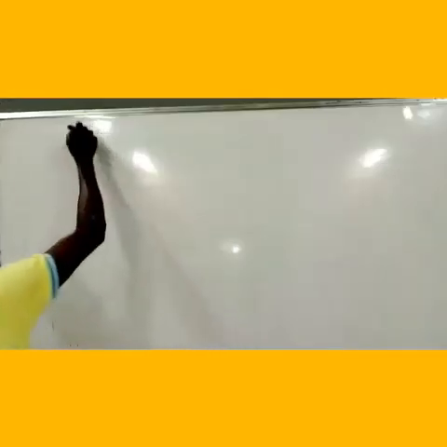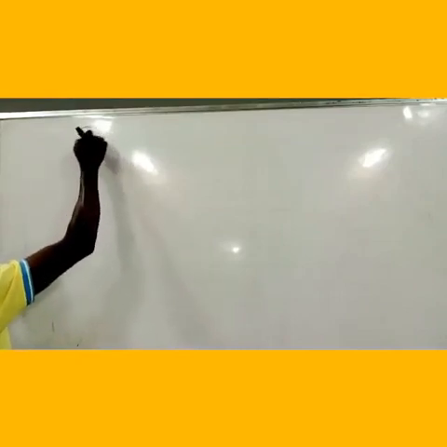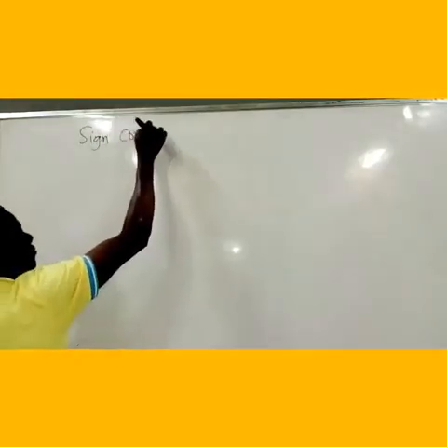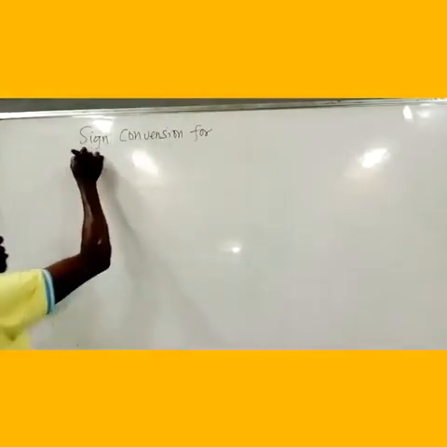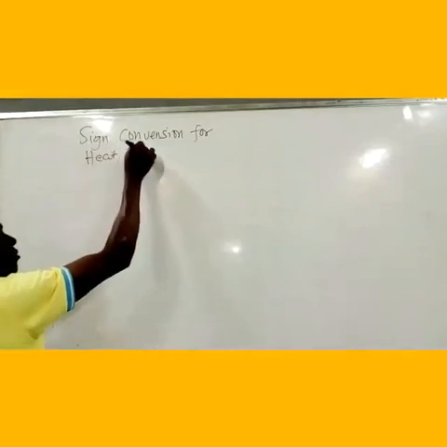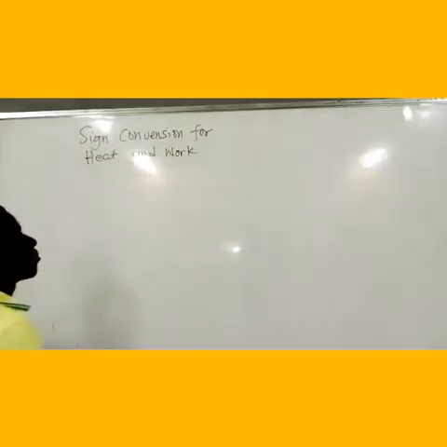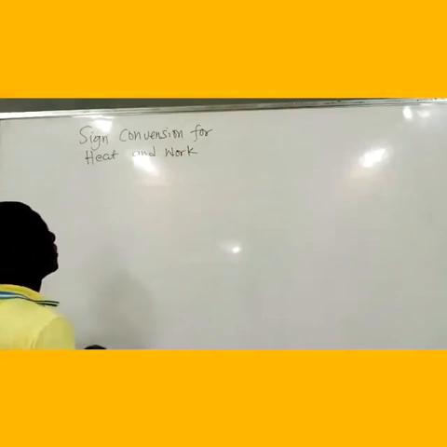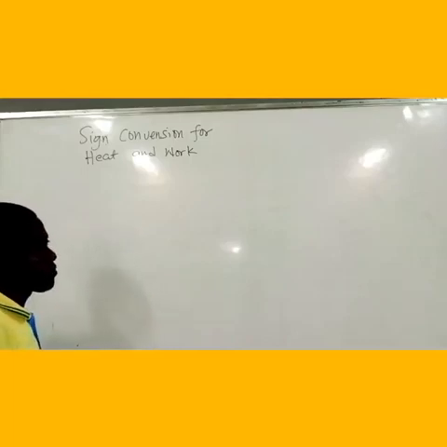Now let's talk about sign convention for heat and work. We know that the pressure in the system can reduce, volume of a system can reduce, temperature, enthalpy, internal energy, they can reduce.